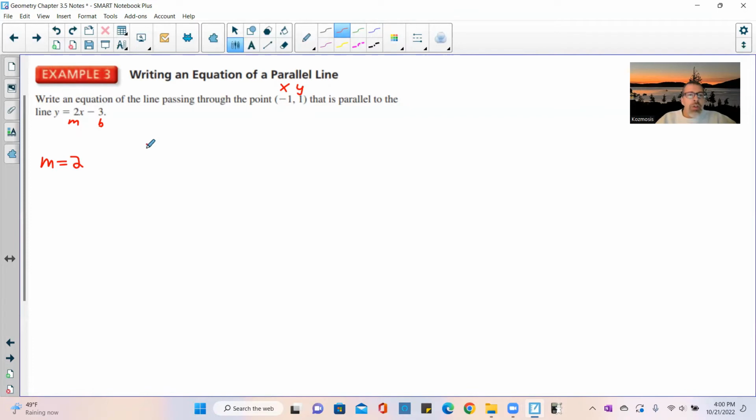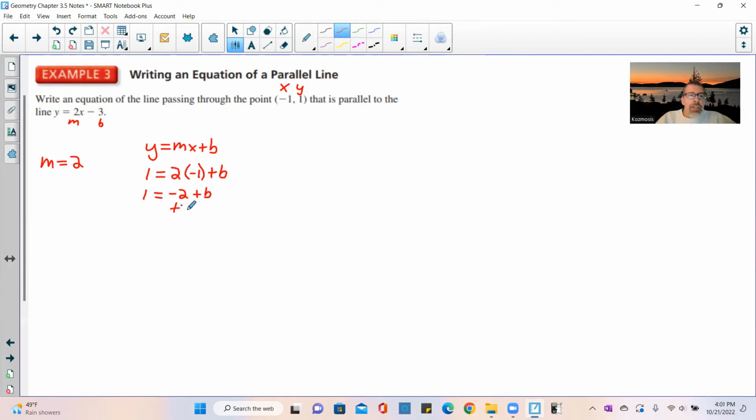So you write the equation y equals mx plus b. M is going to be 2 because the slope will be equal to the slope of the line they gave us. I have a y of 1, a slope of 2, an x of -1. All I need to find is the y-intercept. So this is 1 equals -2 plus b.